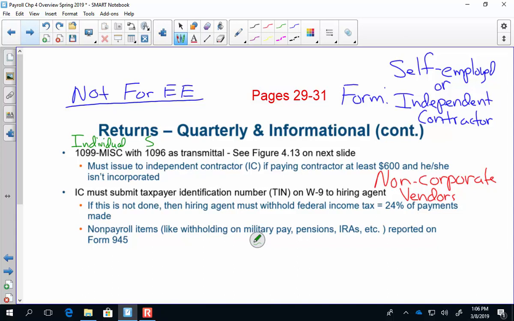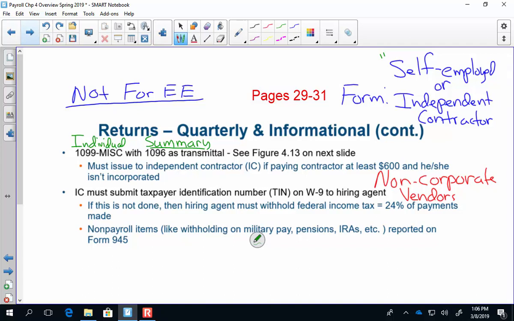And then, like the W-3, there's a 1096, which is the summary of all the 1099s attached to it. So, like the W-2s, on the employee side, we have a W-2 and a W-3 for the summary. On the non-employee side is a 1099 miscellaneous with the 1096.